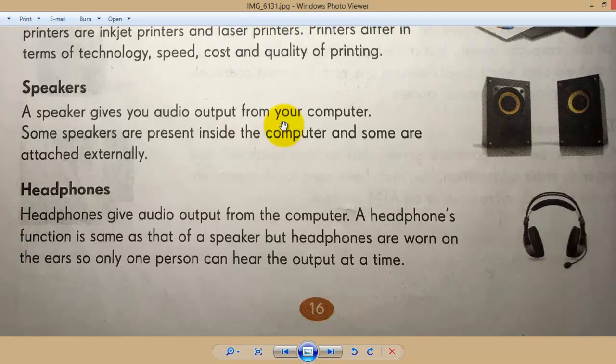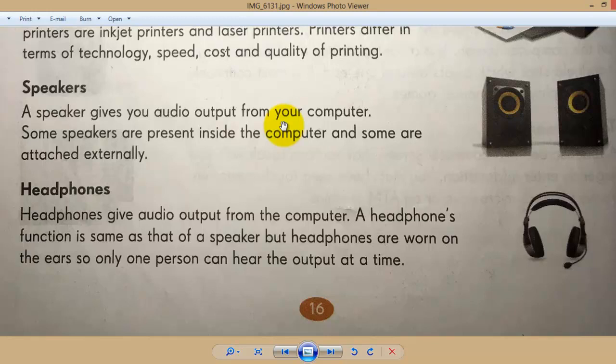So headphone is also a similar device, just like a speaker. Headphone gives audio output from the computer, same as a speaker, but headphones are worn on the ears, so only one person can hear the output at a time. So you must be using headphones at home. What is the use of this one?